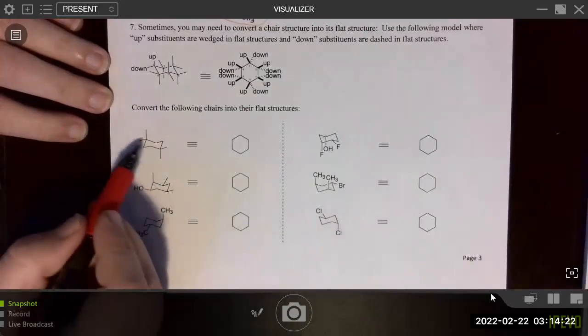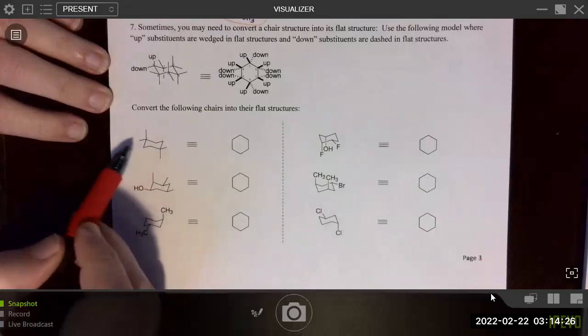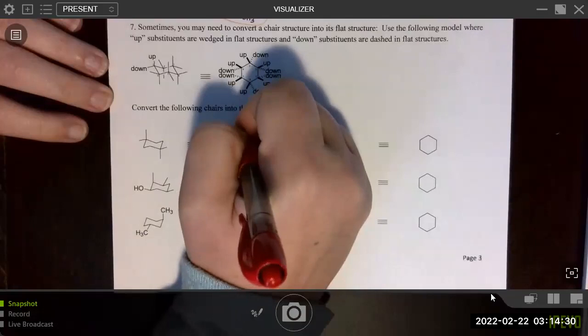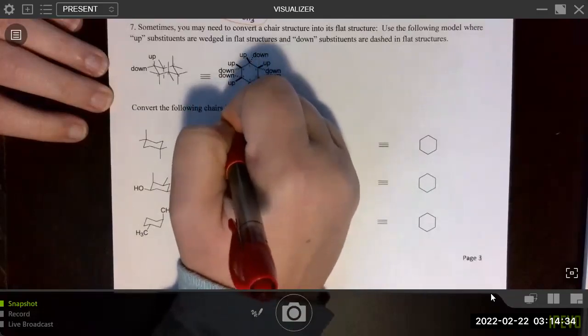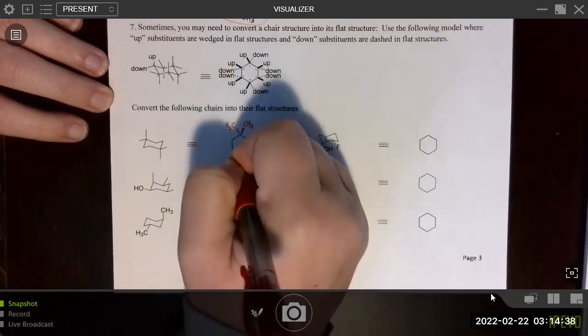This one just has 4 methyl groups at opposite carbons, and one is up and one is down, right? So we can just kind of go, one is up, one is down, and then draw the same thing at the opposite carbon.